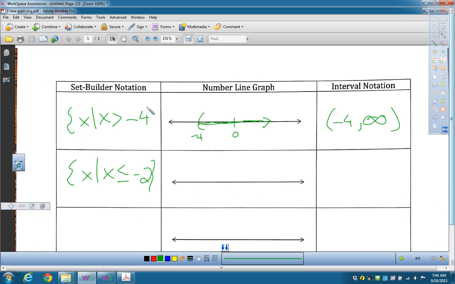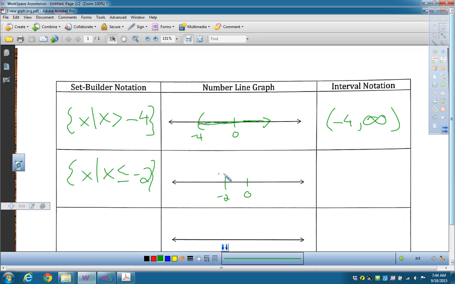You should have brackets on both ends. Where would I start? Amanda? -2. So you start at -2, and I would indicate where 0 is somewhere on your number line. Am I going curvy bracket or square bracket?